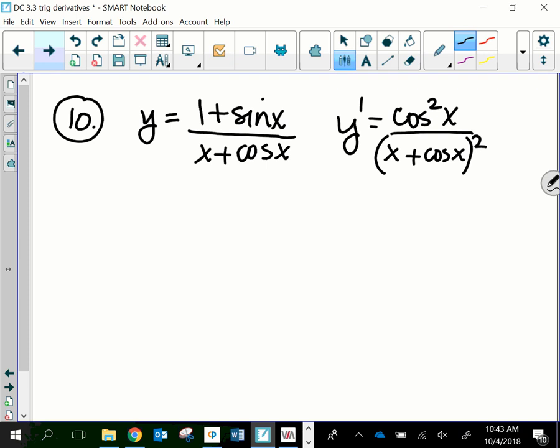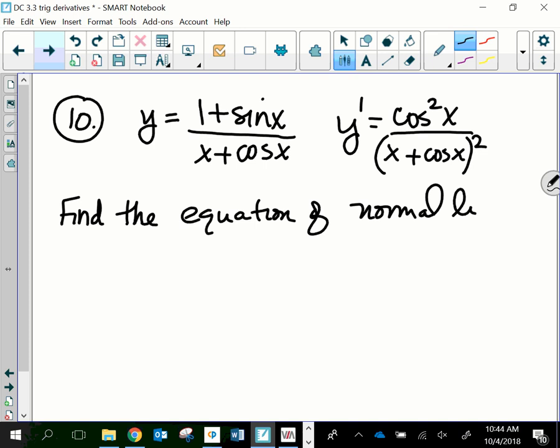All right, and let's find the equation of the normal line at x equals, I just want to make sure I don't have any values that are wrong, 0.